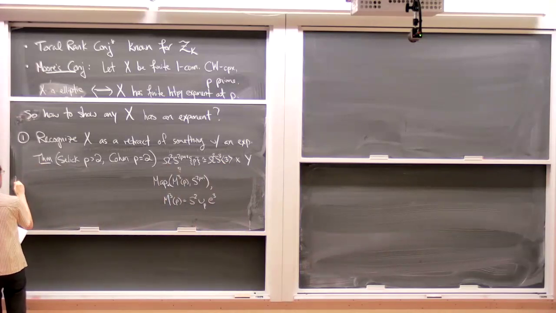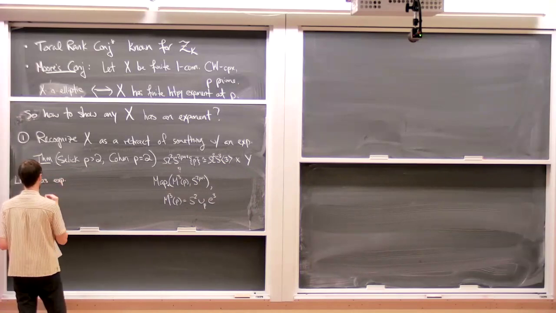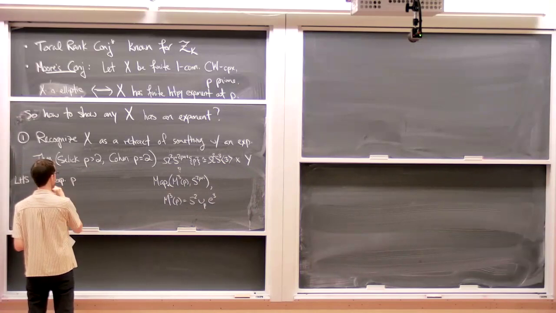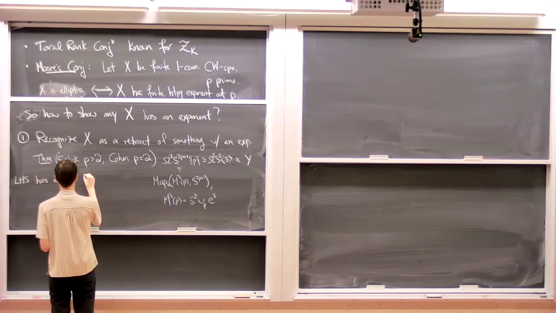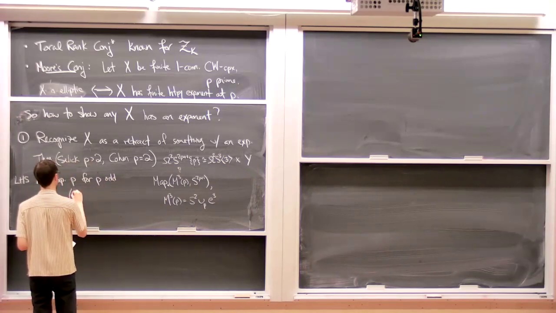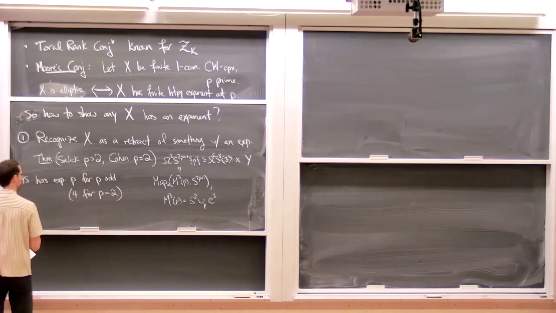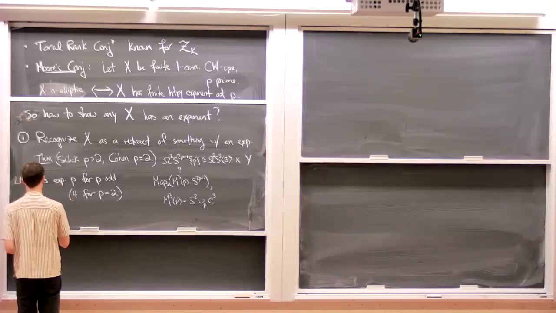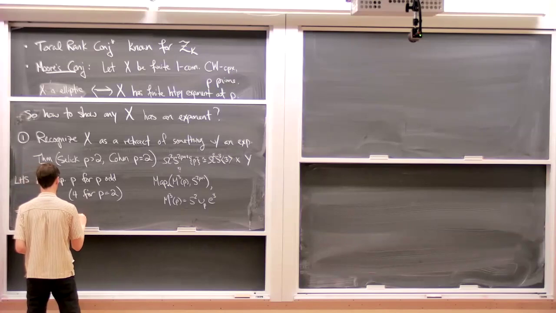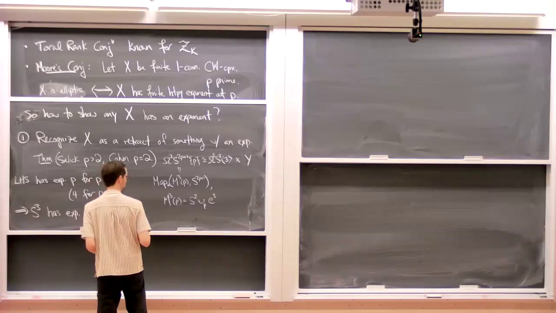Okay, I guess I should say the left-hand side has exponent P at an odd prime, or P squared, so P respectively 4.